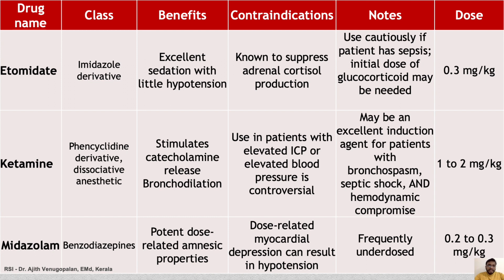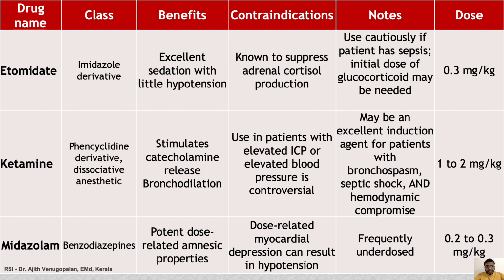Another beautiful drug is ketamine, but the issue is ketamine can produce dissociative anesthesia, and it can increase your hemodynamic parameters, like it can increase the BP, it can increase the ICP.